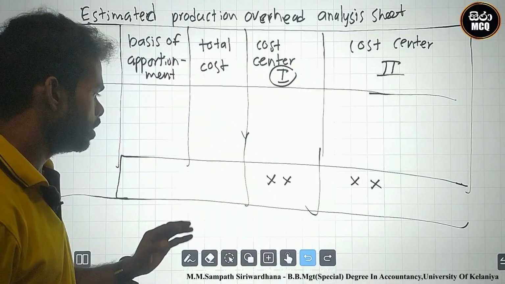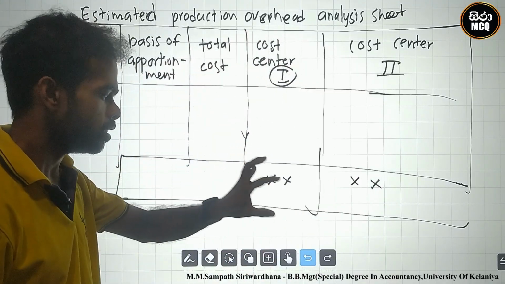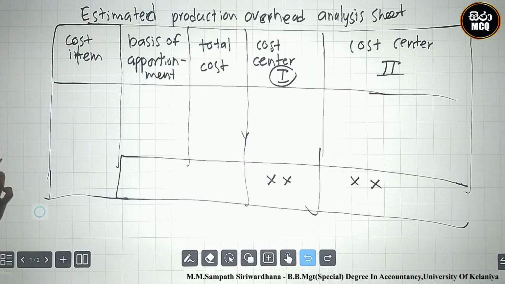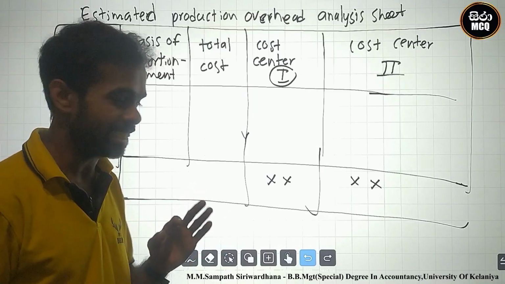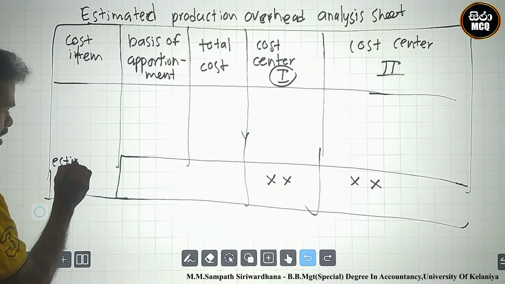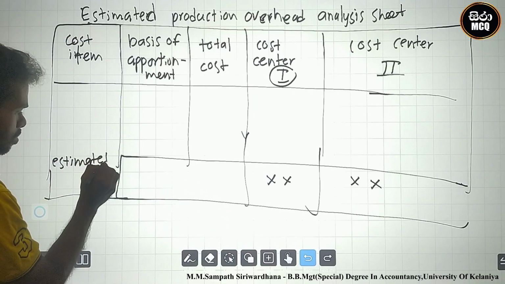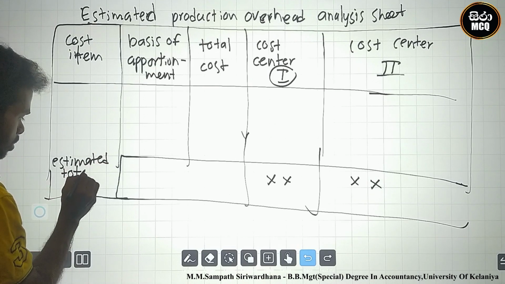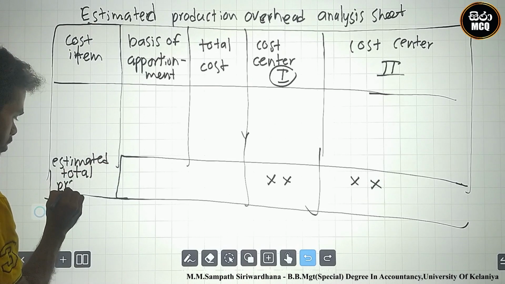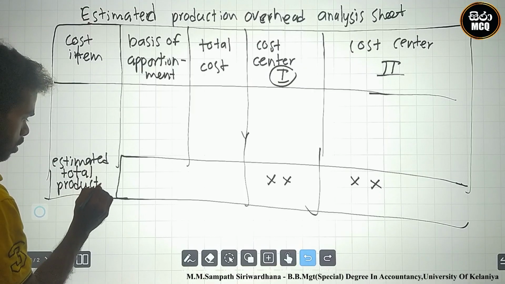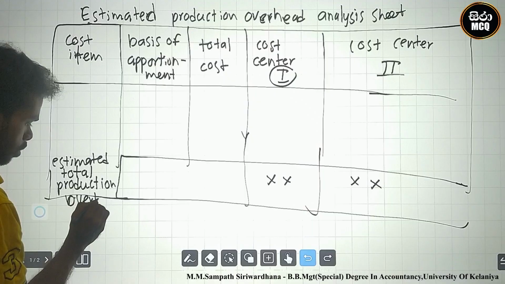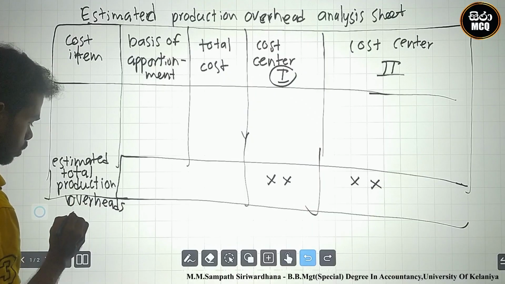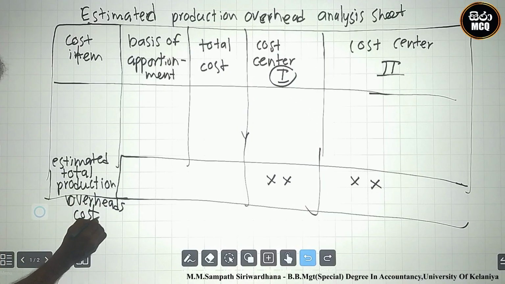Cost center 1 has a total, and cost center 2 has a total. What do we write here? Estimated means budgeted. Estimated total production overhead cost.